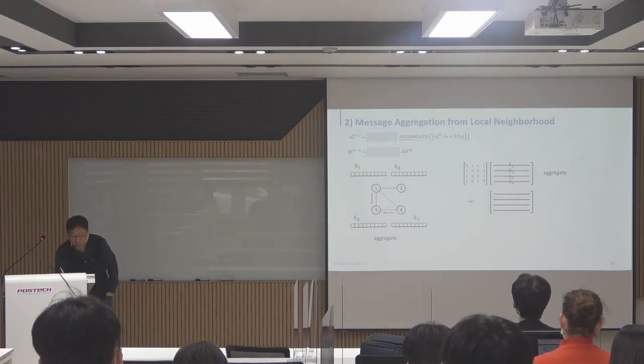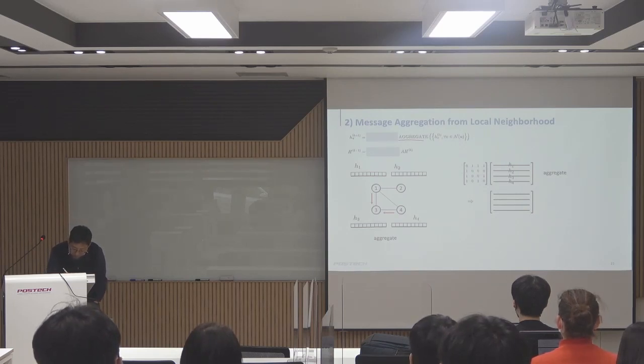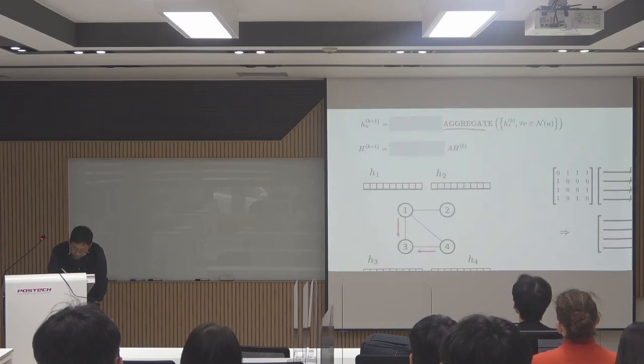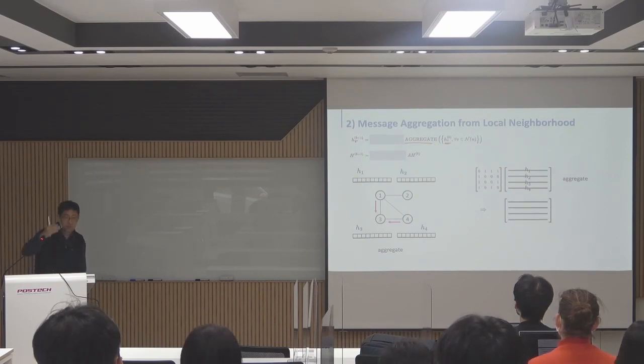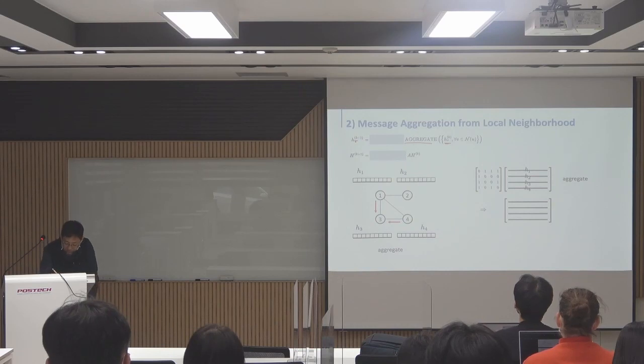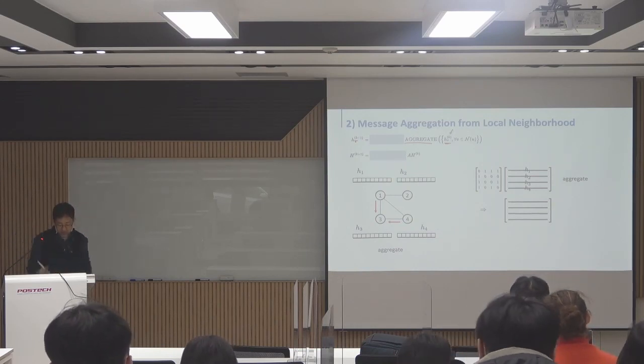Again, we don't know how to aggregate yet. In this one, let me see, I guess there are some typos. This one is V. So again, this is an iterative method. In the kth iteration, we do have some updated messages like that.